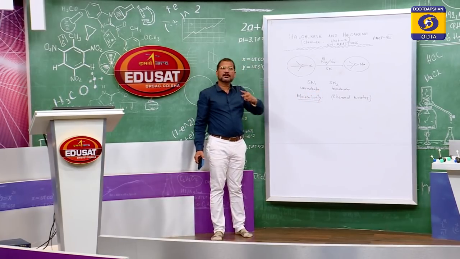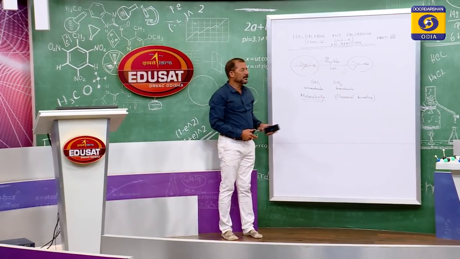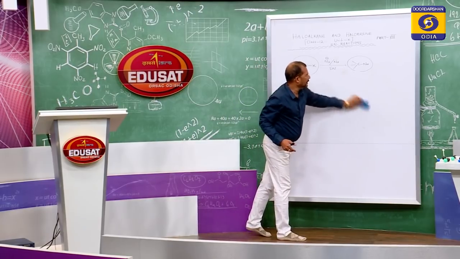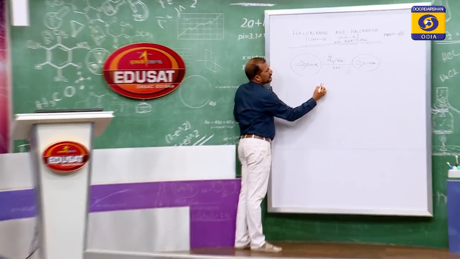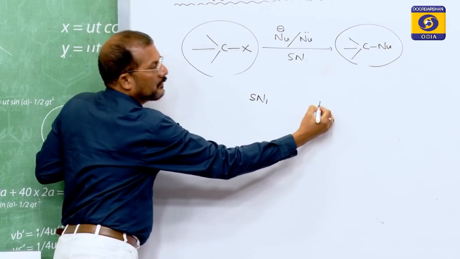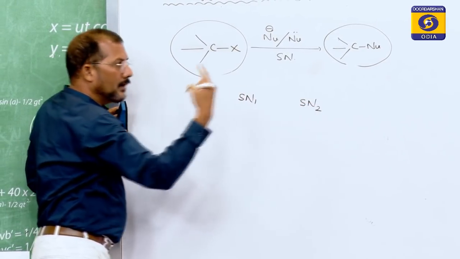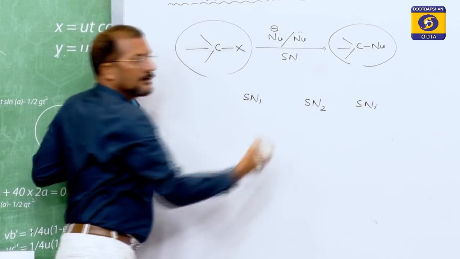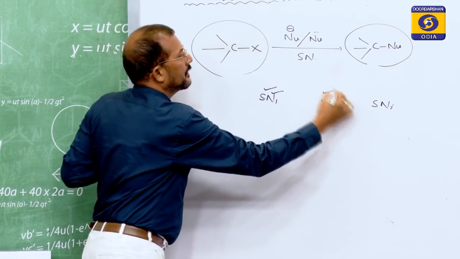If in the slow step two species have reacted, that is called a bimolecular reaction. So SN stands for nucleophilic substitution reaction, unimolecular or bimolecular. So we are discussing here SN1 and SN2 reactions.